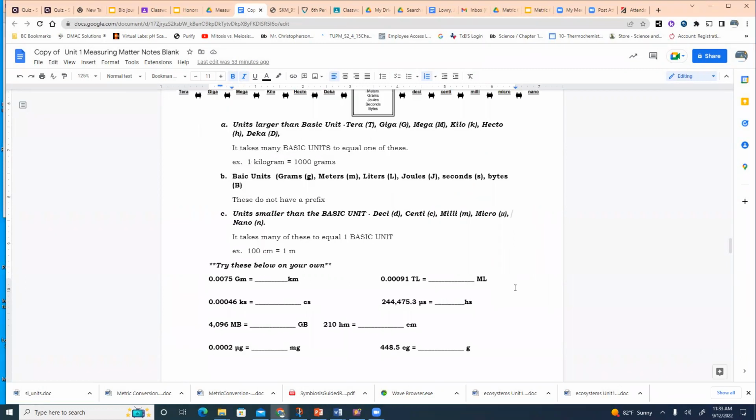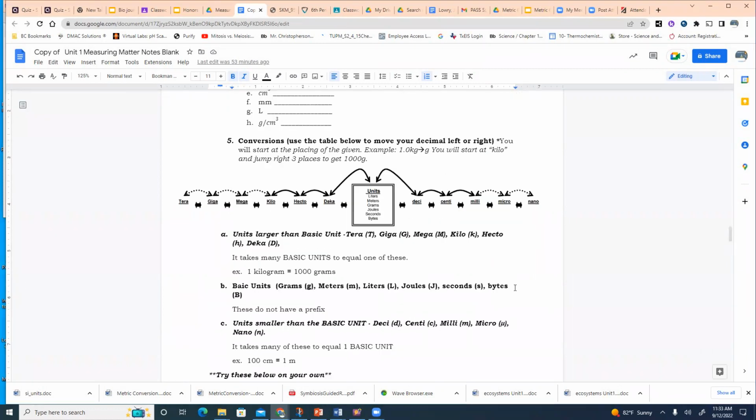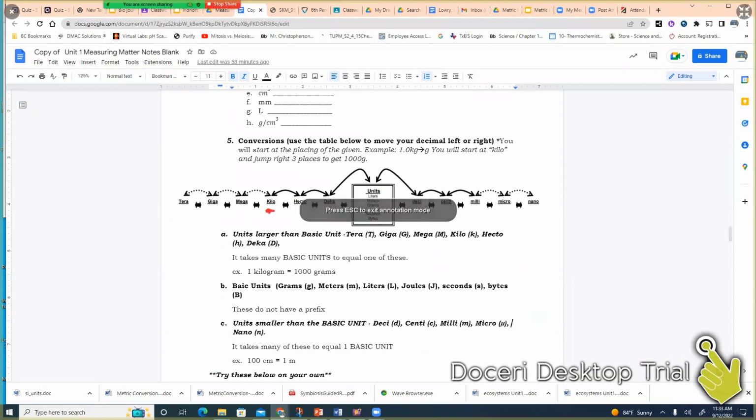Let me get back up there so I can see. Am I counting that big square? Yes, that's a good question. So like if I went from kilo all the way down to centi, it would be 1, 2, 3, 4, 5. You do have to count that middle one. It's a good question. Any other questions on that? Yes, sir. Oh, you had a question?